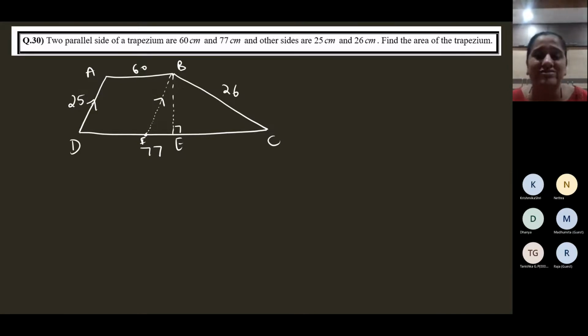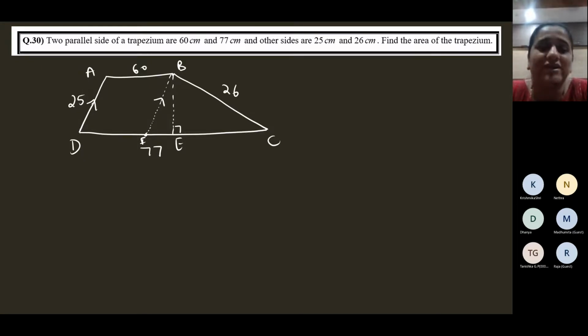BF is parallel to which side of the trapezium? AD, ma'am.